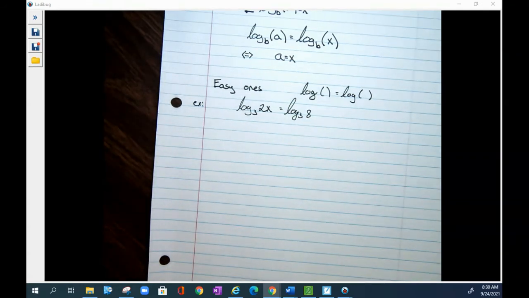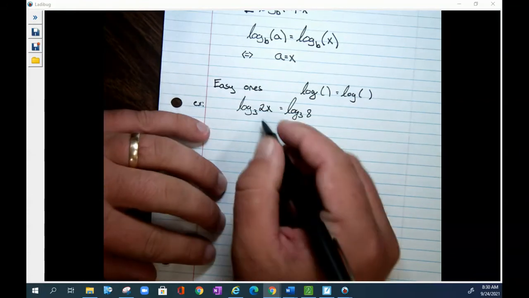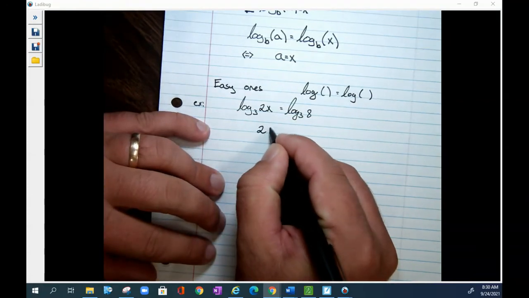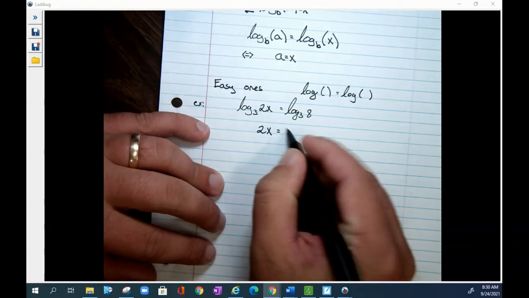So to solve this, what you're going to do right off the bat is I noticed that both of those expressions have log base 3 in them. I don't have anything on the outside of the logs. It's just log of something equals log of something. So basically what that means is I can drop these logarithms and I can say that means that 2x must equal 8.